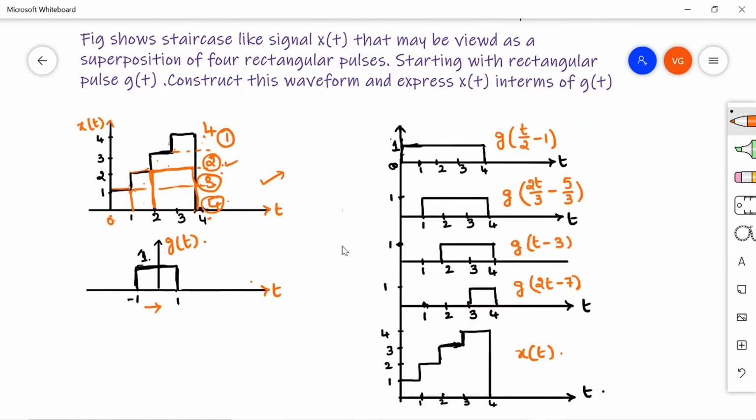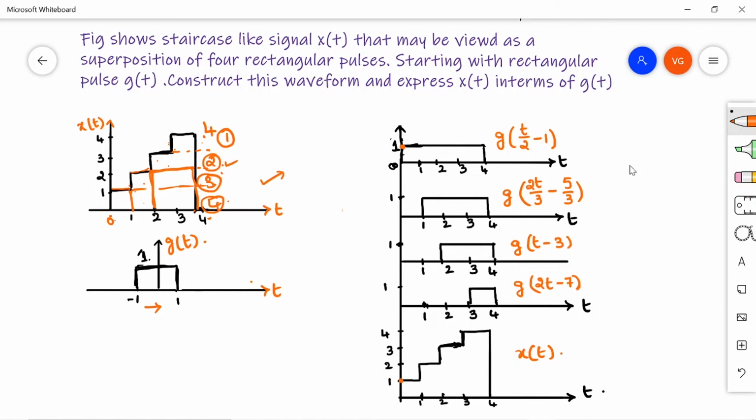So after defining each layer, I have drawn all these signals here. So this is the top layer, first one, second, third and fourth. So now we have to add all these 4 signals to get the required staircase. So let us add it up. At t is equal to 0, the amplitude is 1 for layer 1, then 0 for all the 3 signals.